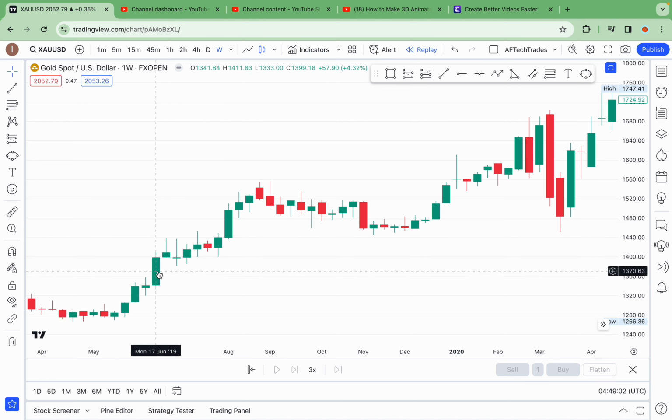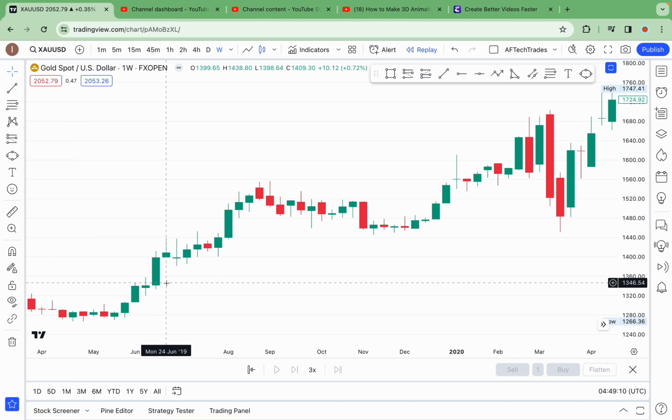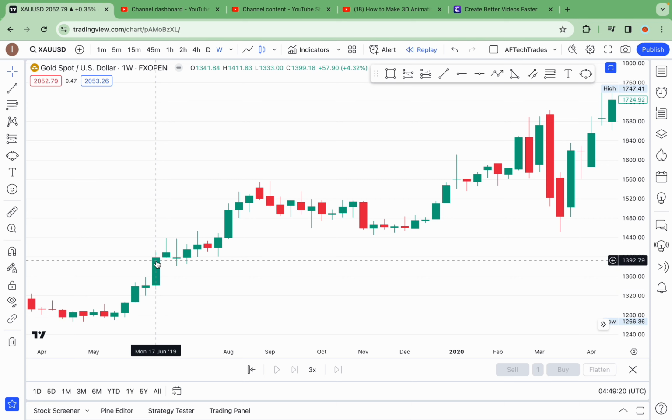You have a body, then you have a wick. The body is an indication of the trade volume that happened within that time frame. In this case, I am on the weekly time frame. So within 1 week, there is this volume of trade, that's trade momentum, that happened in this time range.